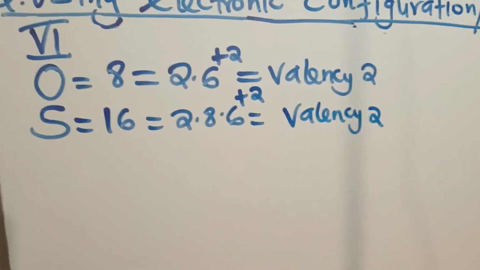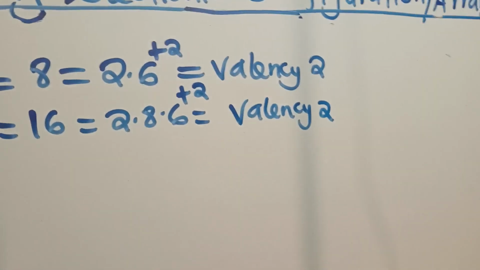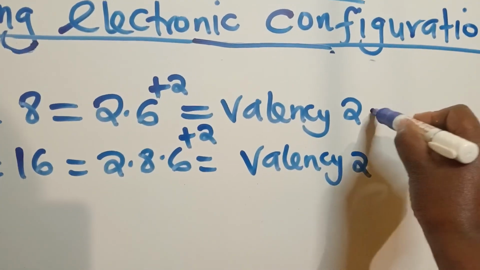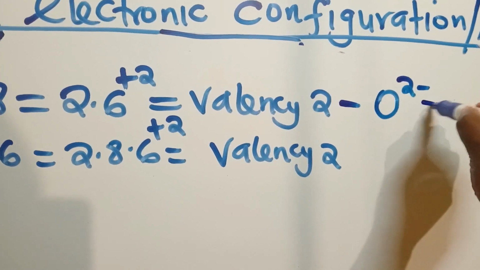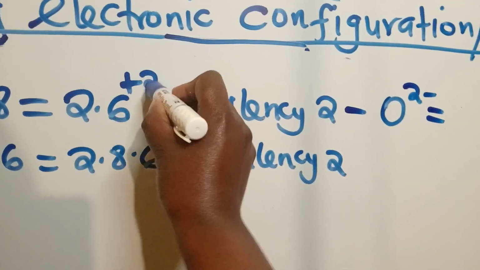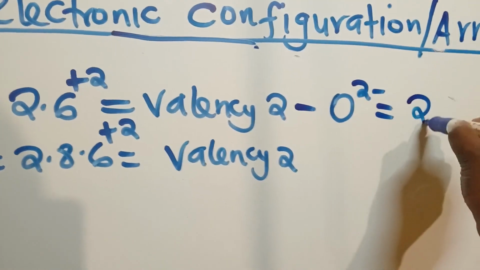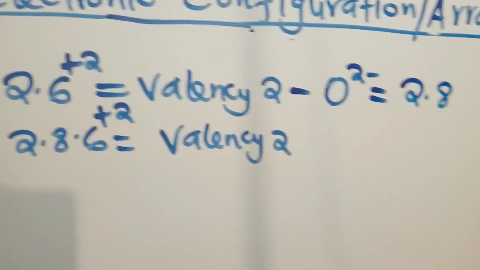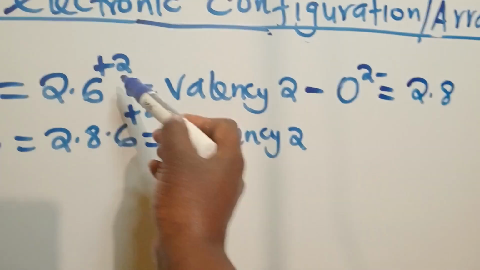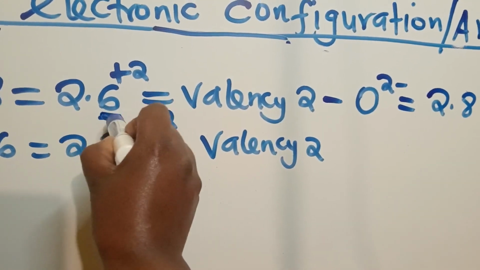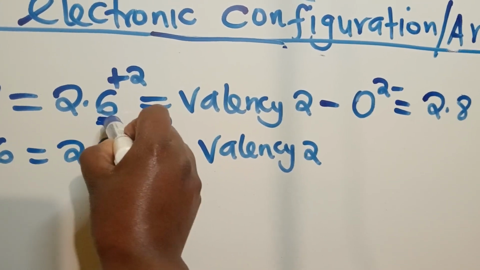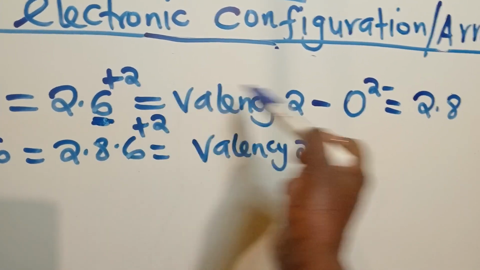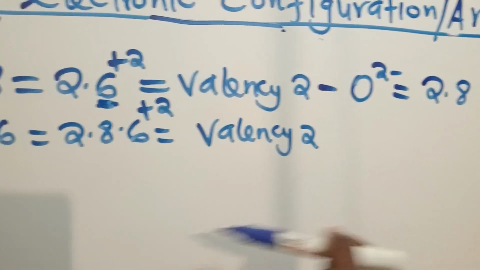becomes 2. When ions are formed, oxygen forms oxide ion, and now that it has gained 2, the ionic configuration will be 2.8. Because this energy level, which was not yet full, which had initially had 6 electrons, will gain 2, so it will have 2.8.